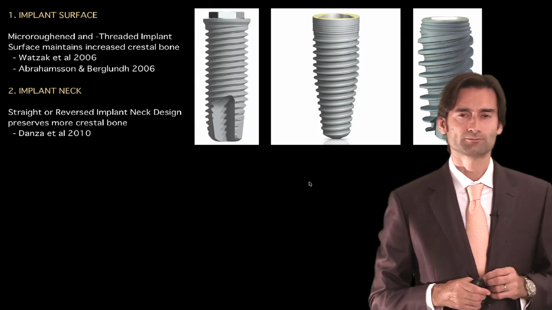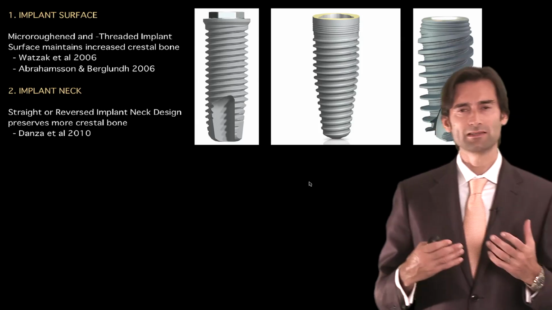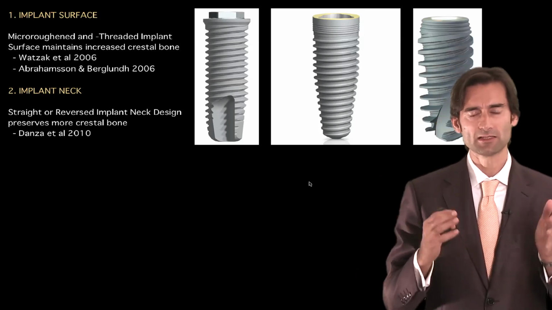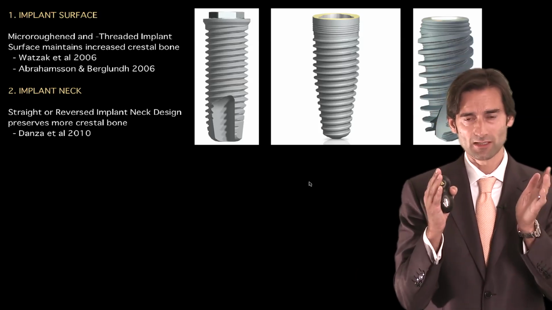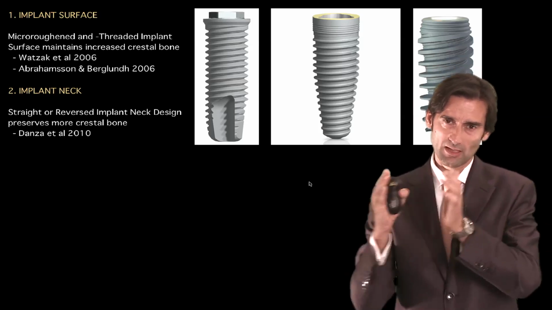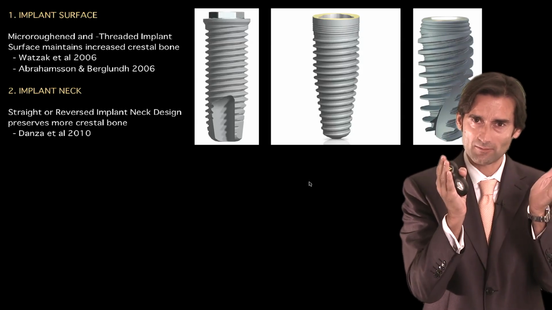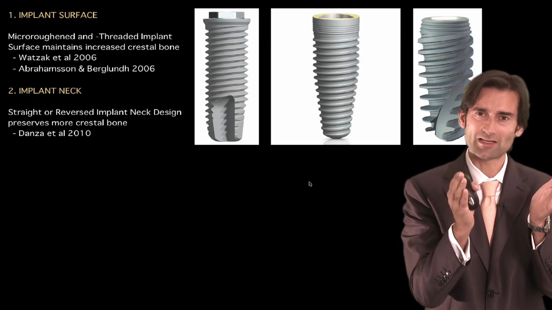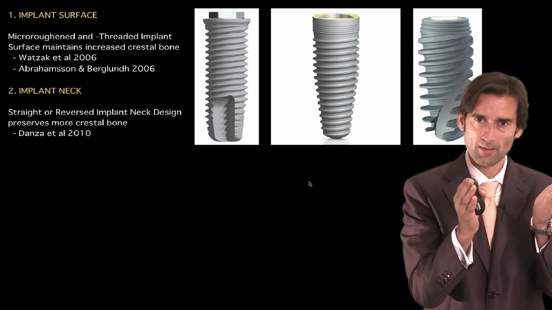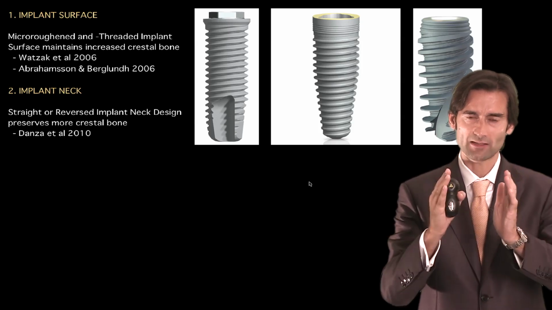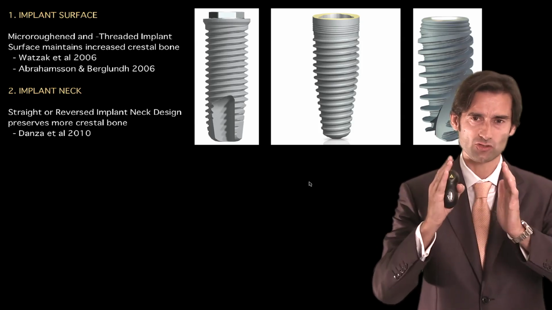Point number 2 is really the implant neck design. And you can see that over the last 20 years, we've had a little shift. The shift has gone from implants with a wider neck, like the traditional Brånemark, where we use the countersink burr, to something straight, like you see here, the Nobel Replace, which has a straight neck.